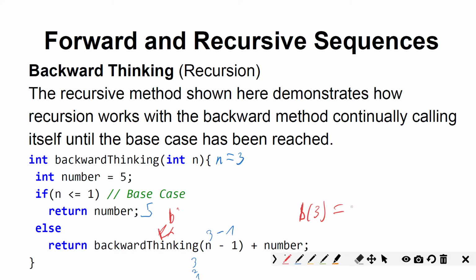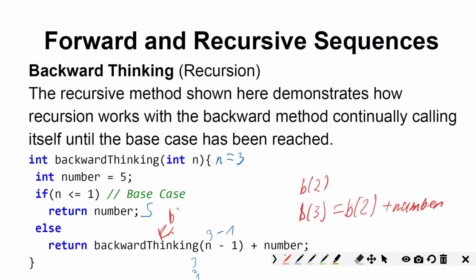If you're passing 3, we call the function b of 3 minus 1, plus the number. The next call will be b calling 2.